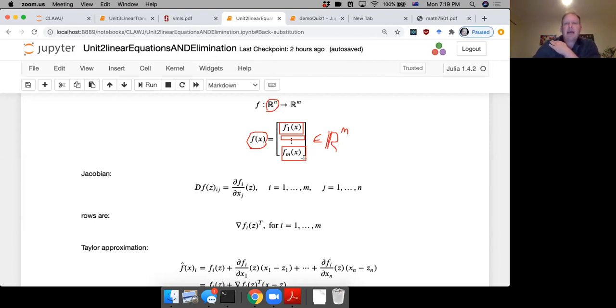So we have m different functions, where each function f sub i is a mapping from Rn, because the domain is n-dimensional, to the reals, R1. So it's like the function we had before, but now you've got m of them.